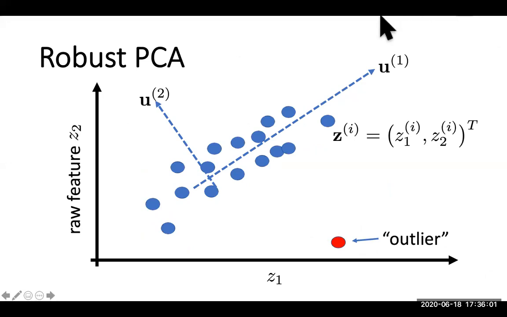Do you remember we had a similar strategy already in regression? We changed the loss function to become more robust to outliers. Which loss function did we use then? Huber loss, or the absolute error loss. Exactly. So robust PCA is based on using the Huber loss or absolute error loss instead of the squared error loss.